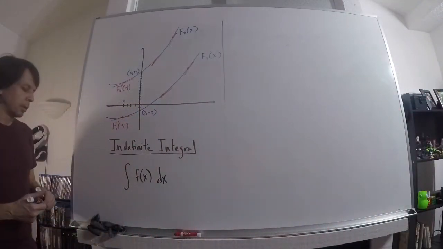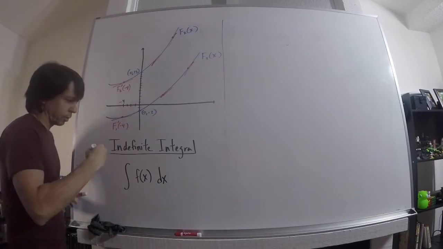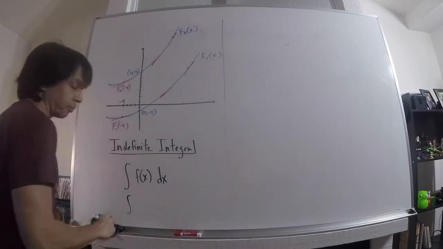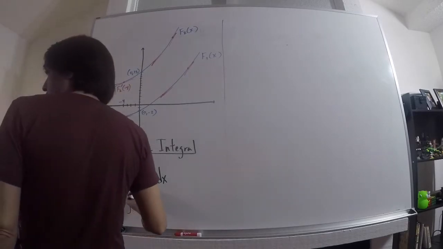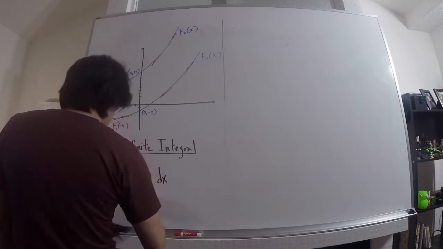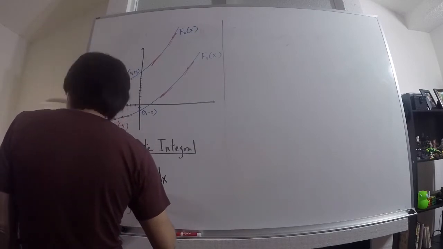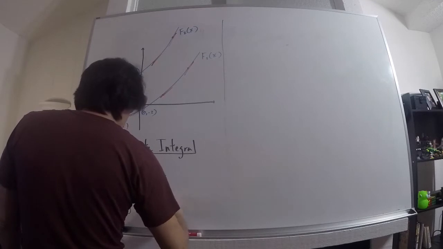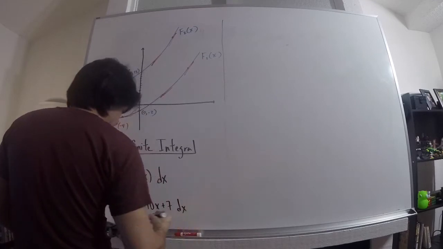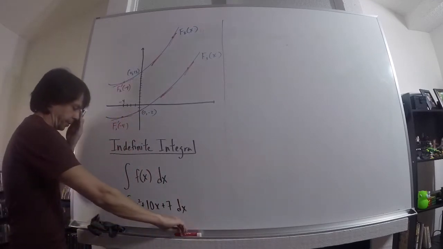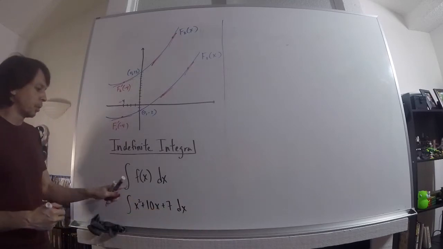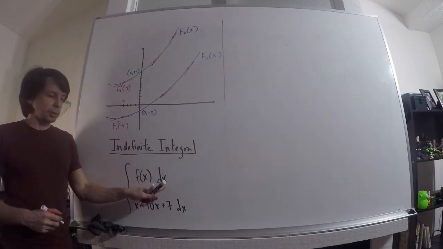So this is how we're going to write it. We'll see examples in a bit, but for example, that first example that we wanted to find the antiderivative of, we would have written the integral of x squared plus 10x plus 7 dx. We have our function there, and we're capping off with the integral symbol and what's called a differential, dx.